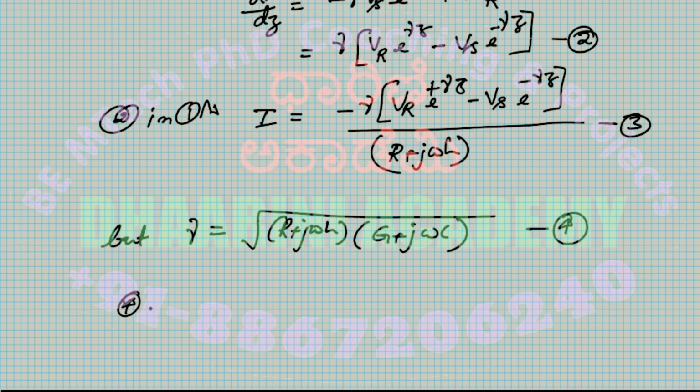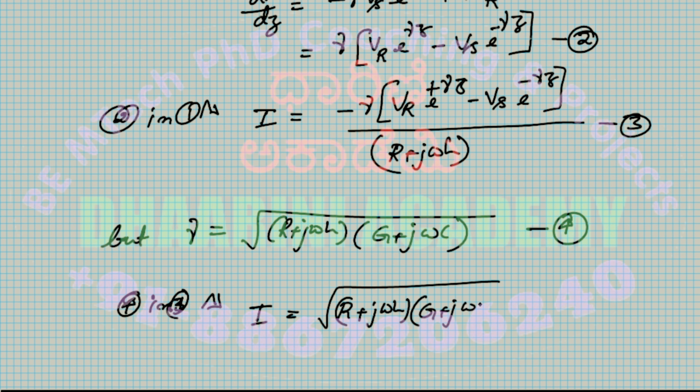Now I put 4 in 3. 4 in 3 gives I is equal to, so anyway, I'll take the minus inside the bracket. One root gets cancelled, so G plus j omega C. I'll take a minus inside, so that you have Vs e to the power minus gamma z minus Vr e to the power gamma z.